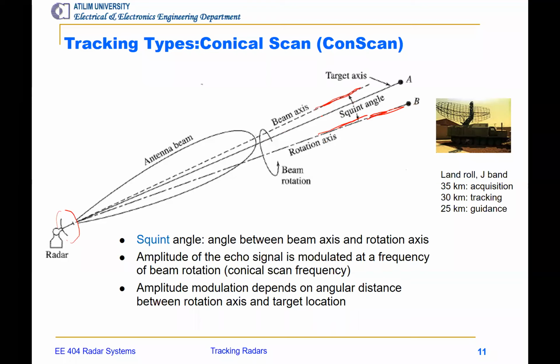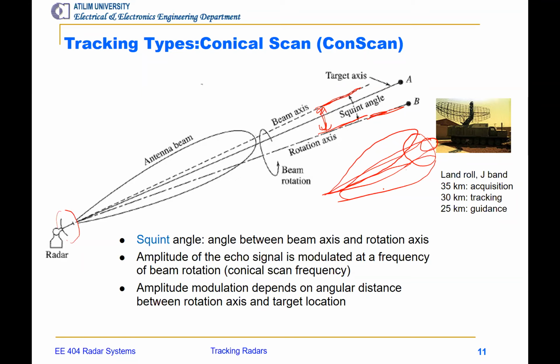So the difference here is called squint angle, as usual. So we simply create a beam and then rotate it. Okay, so here is the second position, third position. So continuously moving, continuously rotating these beams is simply called conical scan.